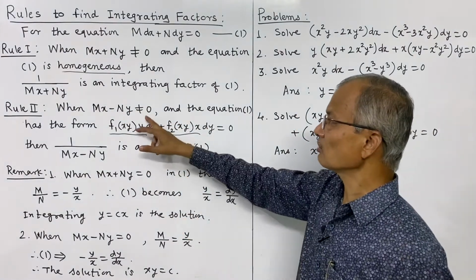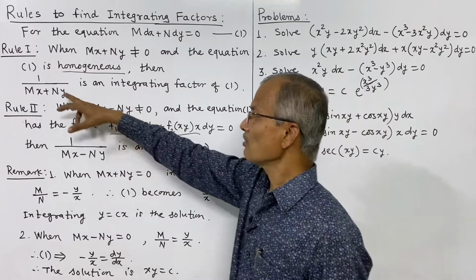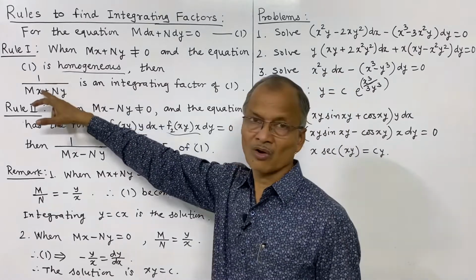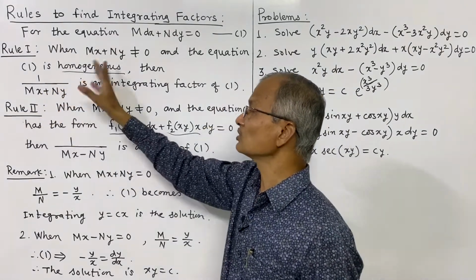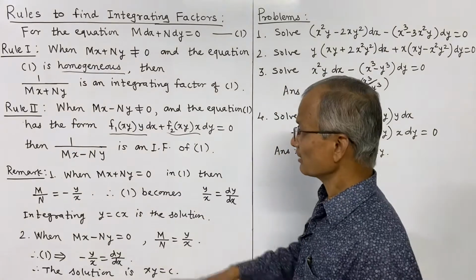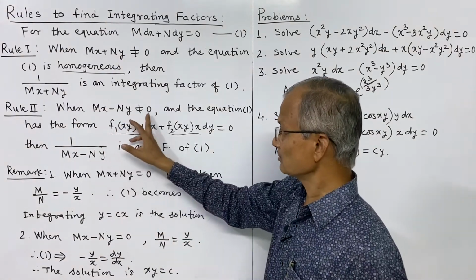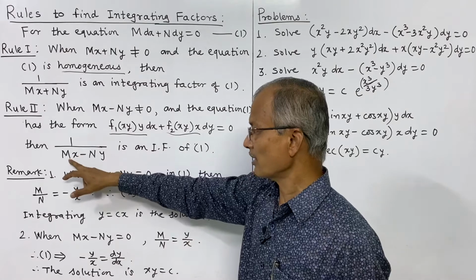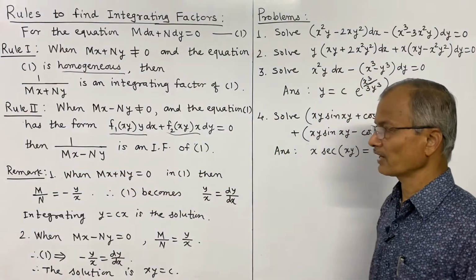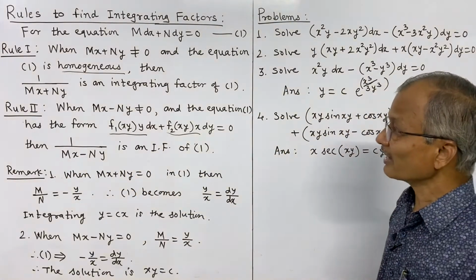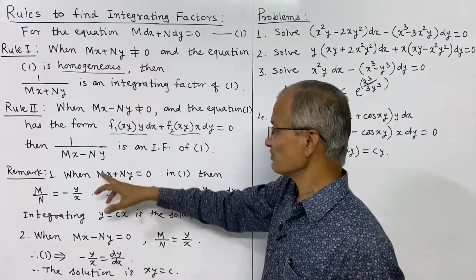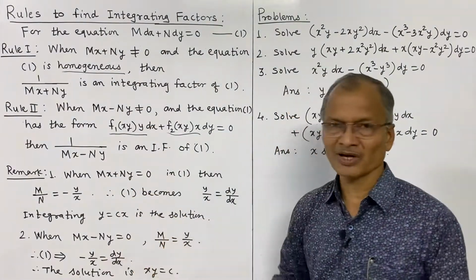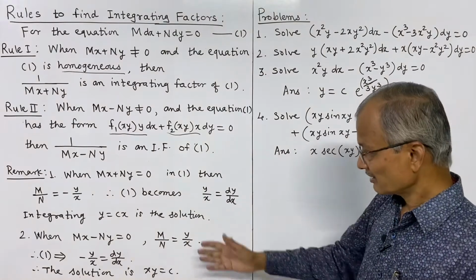Why are these quantities required to be non-zero? Because we are dividing by that expression, and only when the denominator is not 0 does it exist, so it must not be 0, and 1 upon Mx minus Ny is an integrating factor of 1. Now the case when Mx plus Ny becomes 0 and Mx minus Ny becomes 0 is simple.